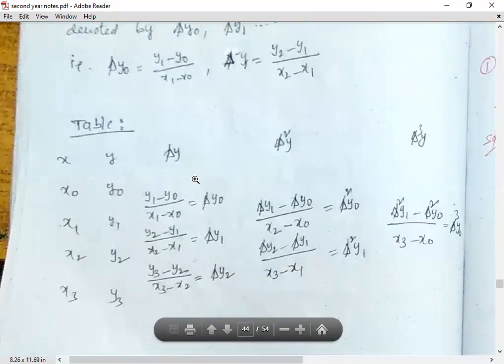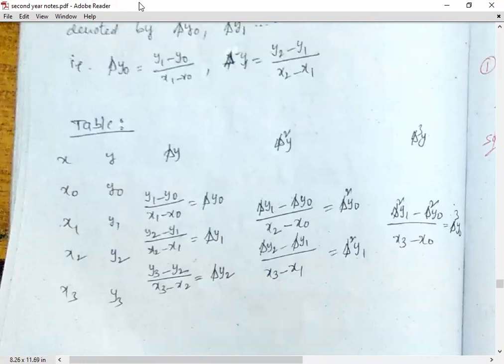which are denoted by f of x0, comma x1, and the next one is corresponding to the interval x1, x2. The next difference should be denoted by f of x1, comma x2, and the next one is corresponding to the interval x2, x3.